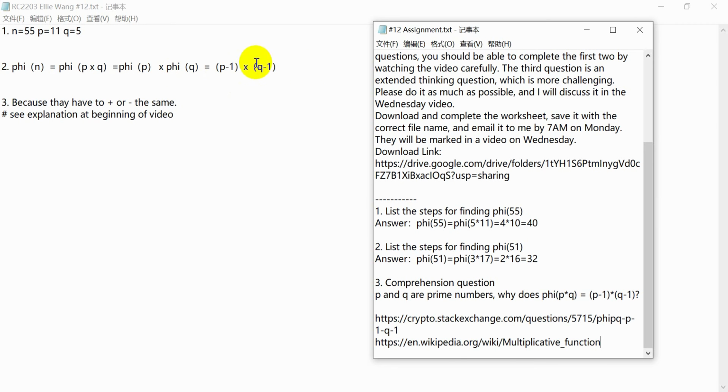So I'm not sure why you split it up like this, but you should list all of the steps. For number 3, I don't really understand your explanation. So you can see my explanation at the beginning of the video. It is because phi is a multiplicative function.